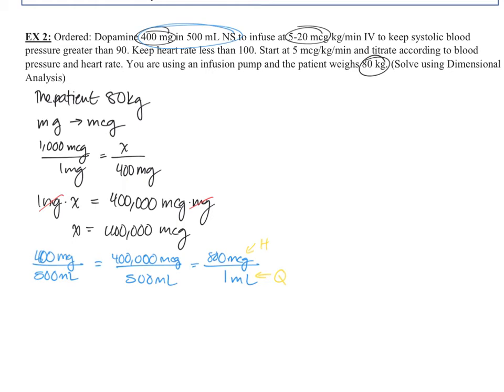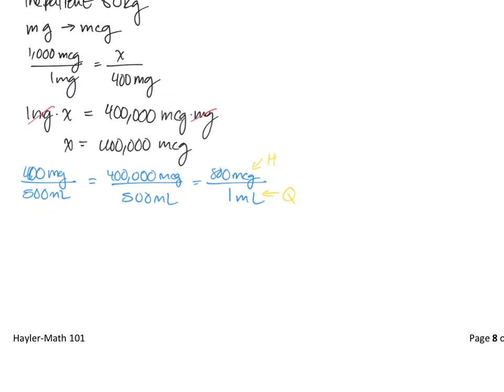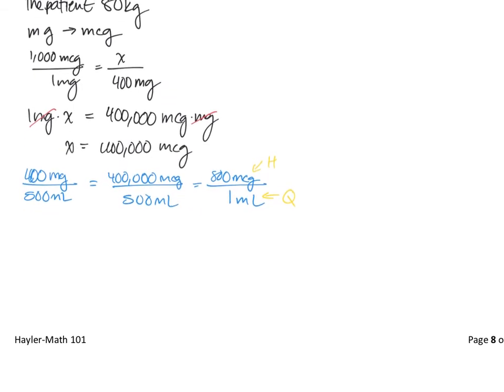Alright, so what we need to now find is the desired dose. To find the desired dose, we're going to multiply the 5 micrograms per kilogram per minute times the patient's weight, 80 kilograms.